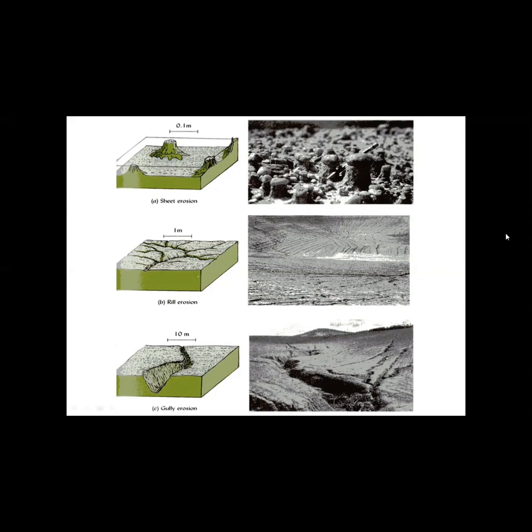In the second image, rill erosion is shown, how these rills are formed due to heavy rains or more water, or air flows or winds. And the third image is gully erosion, where gullies are formed. As and when the rills are widened, it gives the formation of gullies.